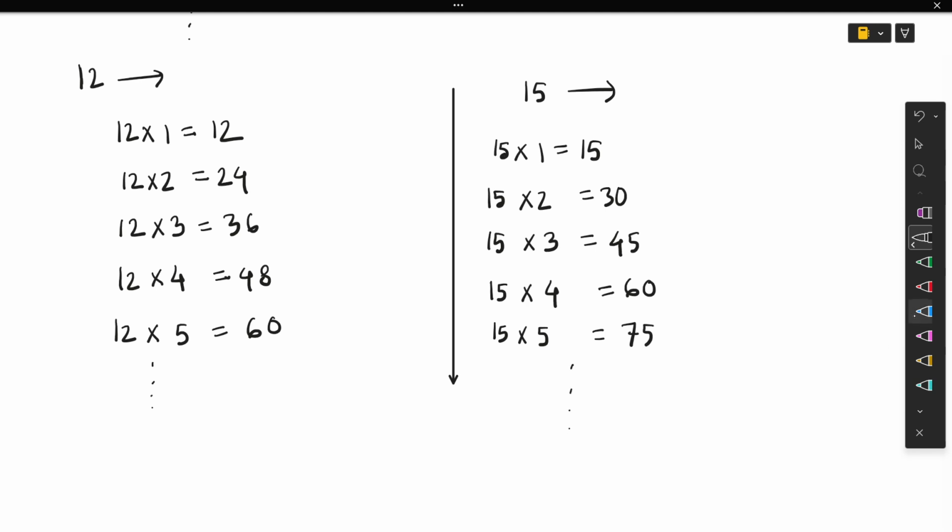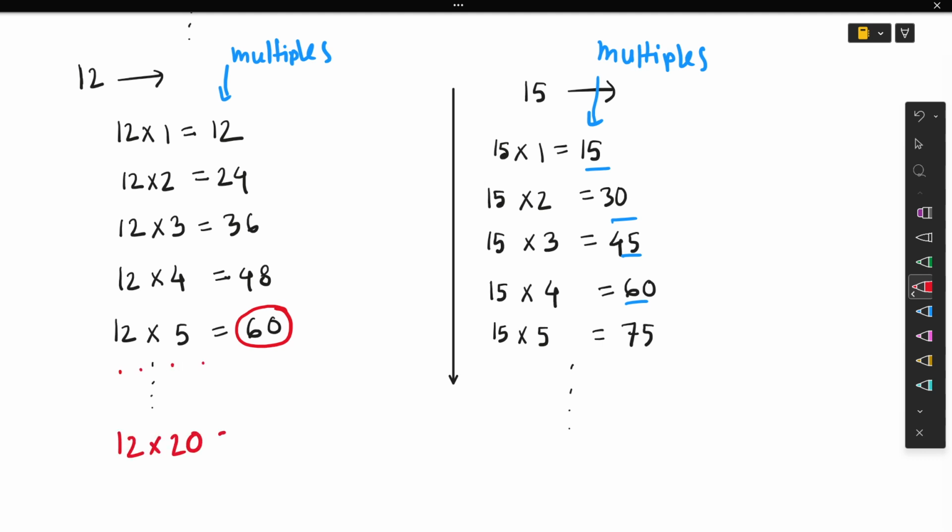Okay, here what is the least value? These are multiples, right? These are also multiples. If you go on, at some point you will have 240 also, right?